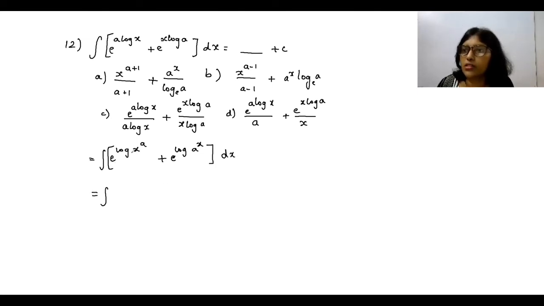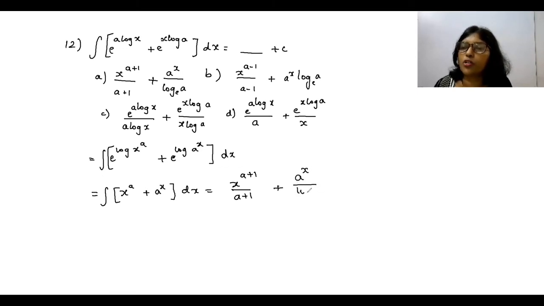Since nothing is written here, it's the same base e, and so e and log are inverse functions, they will get nullified. It's x raised to a and a raised to x. Now what's the integration of x raised to a? It is x raised to a plus 1 upon a plus 1. And what is the integration of a raised to x? It is a raised to x upon log a, plus c.